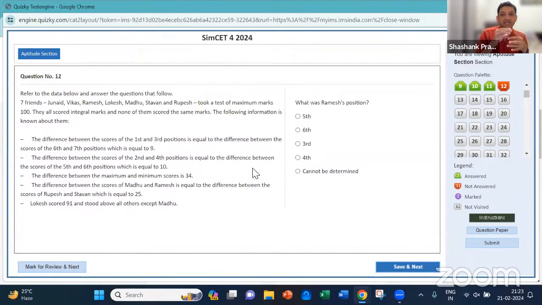First and third difference is 9. 91 is here. Okay, so this can't be 100 because then this would have been 91. So this is 99, let's say, and 90. Okay, so 99, 90, let's say.